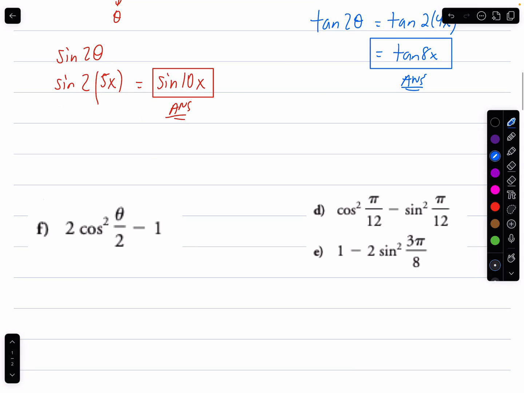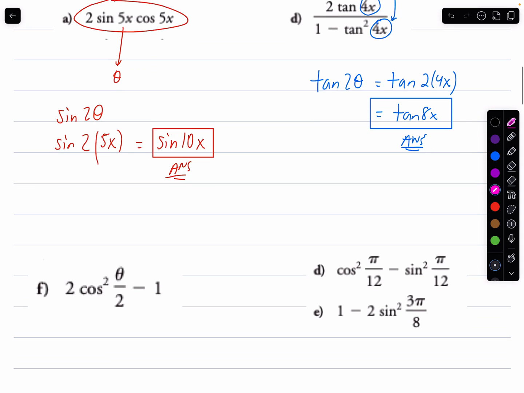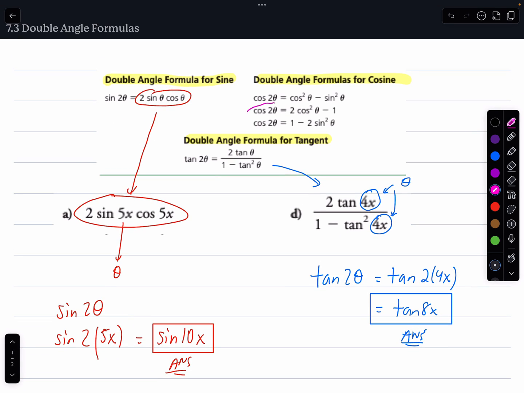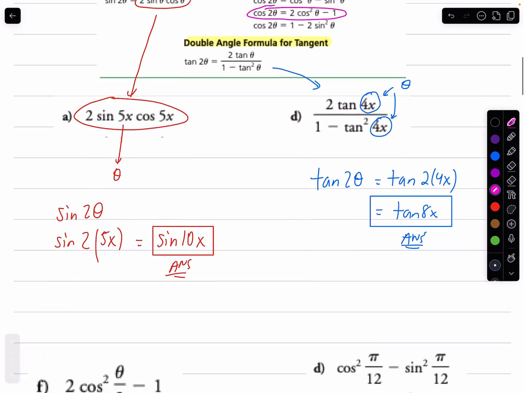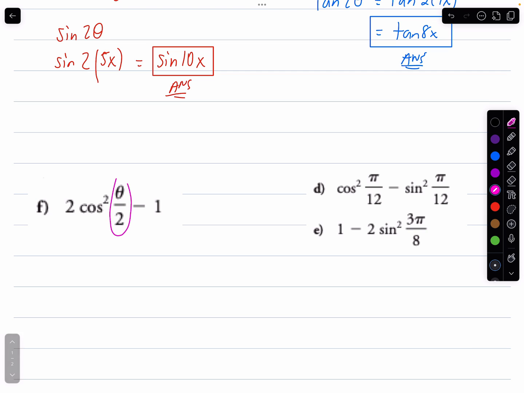Let's look at this one. It looks a little bit tricky, because we have a square in here: 2 cos squared theta over 2 minus 1. That corresponds to my cos double angle formula, cos 2 theta, and I know that this is my theta.